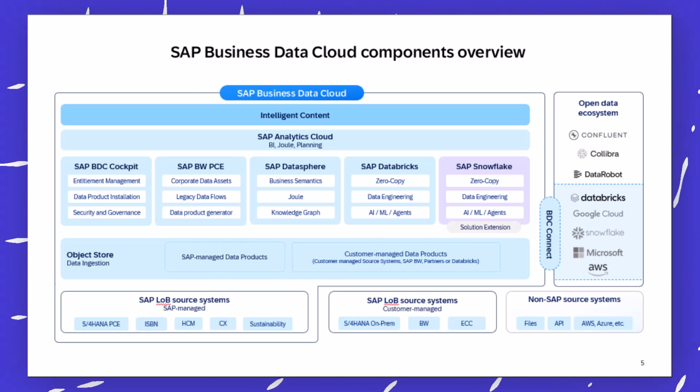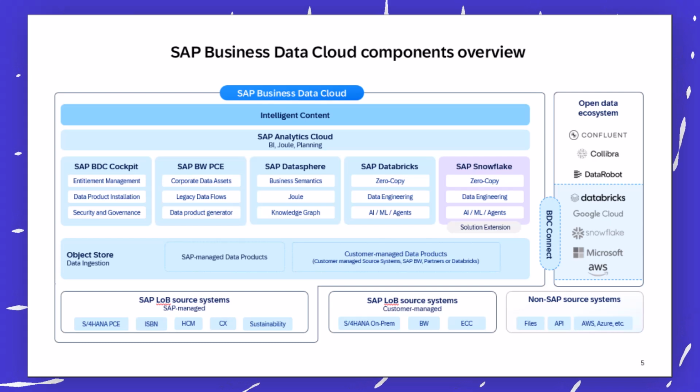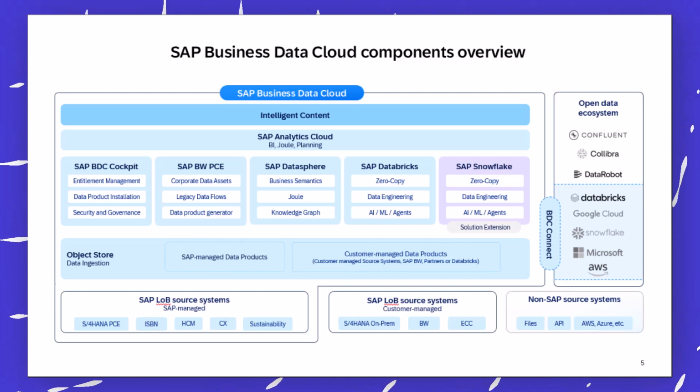From a customer point of view, customers can build their own data products that we call custom data products as well. There is a specific mention of BW: when you do a BW PCE, the customer has to create the data products using a DPG. That we call a custom data product.